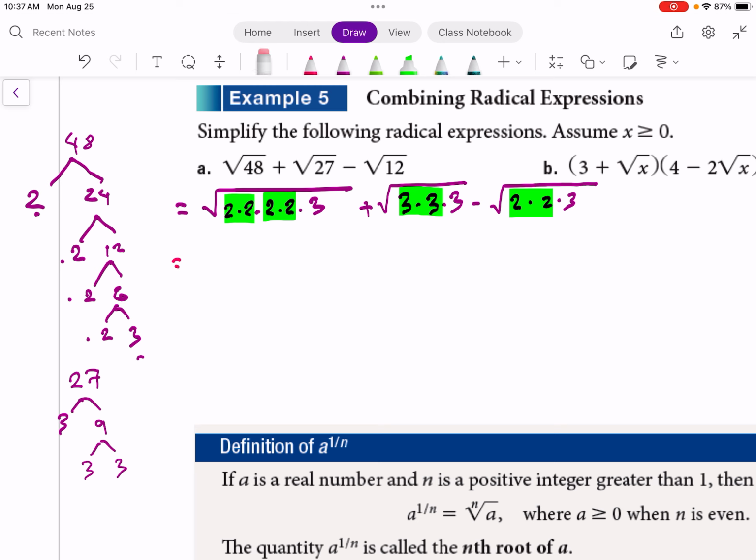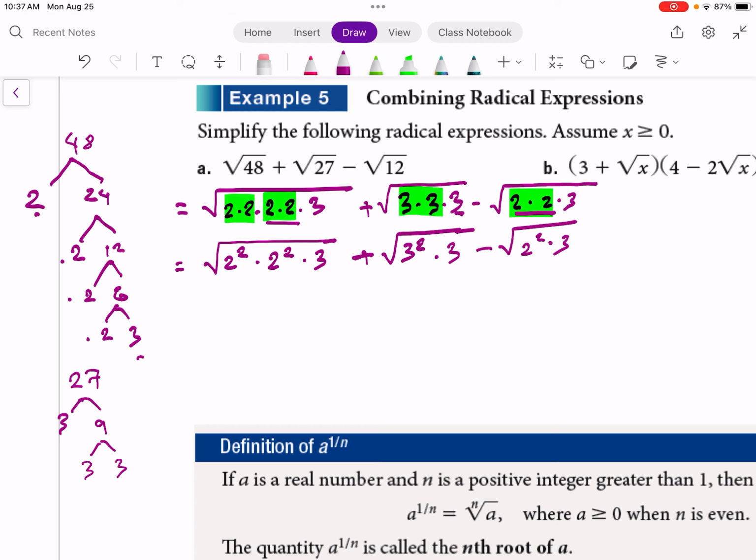So 2 times 2 is 2 squared, and this 2 times 2 is 2 squared, and 3 stays as it is, plus 3 times 3 is 3 squared, and this 3 has a pair, so it remains as it is, minus 2 times 2, that is 2 squared, times 3.